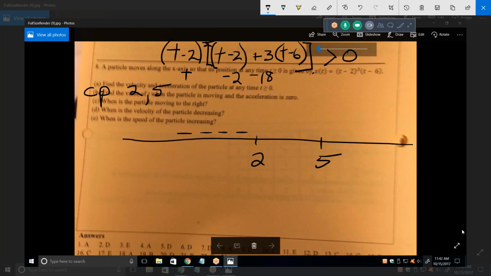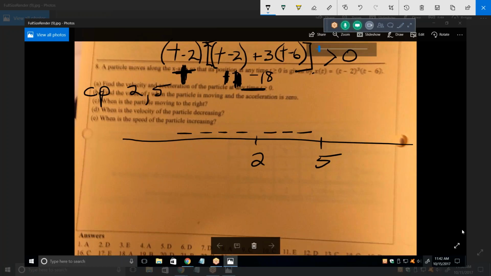Let's try 3. Well, that's positive. That's a plus 1. This is still a big negative number, so this is still negative over there. Positive times negative is negative. That's not greater than 0 either.